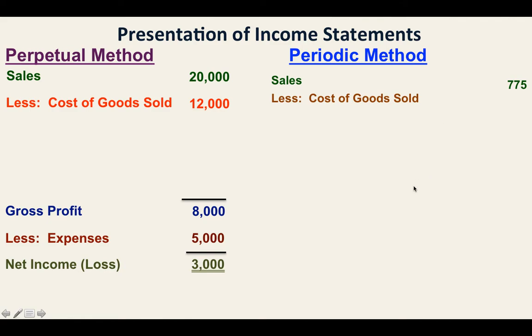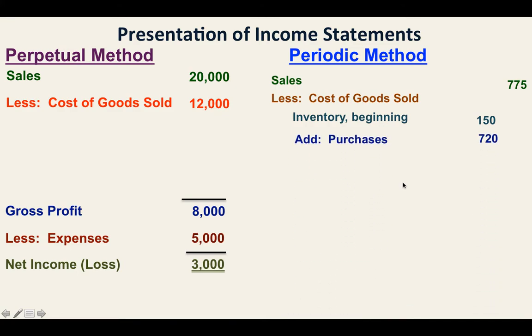So in determining cost of goods sold, we have to have our purchases. But considering that we are already in the second year, we will have an inventory beginning. Okay, what was left from last year? So inventory beginning, if we have 150, then we will have to add our purchases.